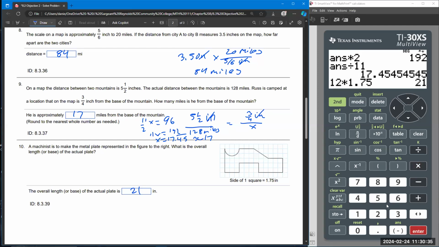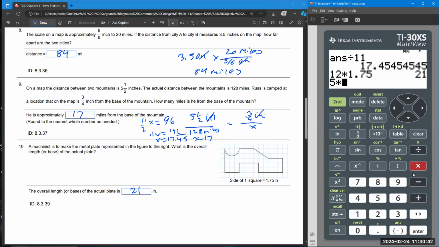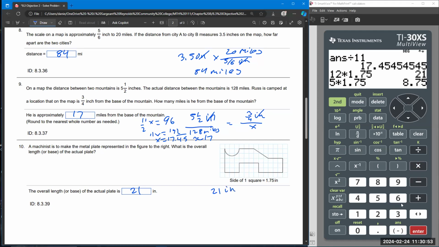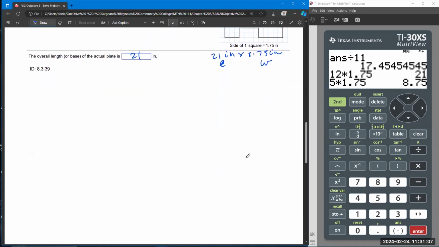They didn't ask us this, but he'll need a piece of metal that's at least 1, 2, 3, 4, 5 times 1.75. So he'll need a piece that is at least 21 inches by 8.75 inches. So this is length and this is width, just so he can cut this out and have enough metal to make that shape.